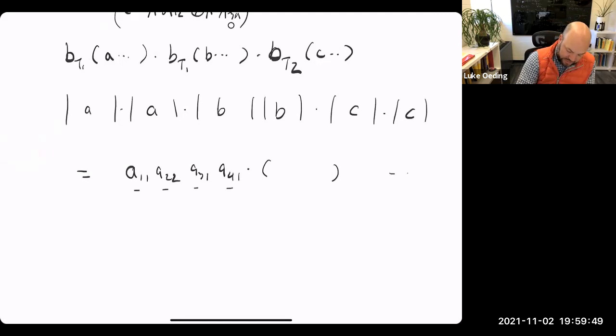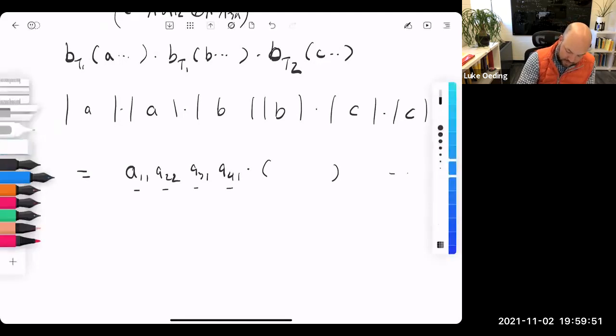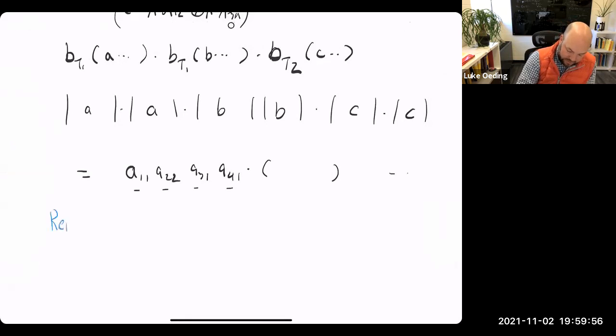I'm going to replace, and this is all quite algorithmic, replace A1I, B1J, C1K with a tensor variable Xij.